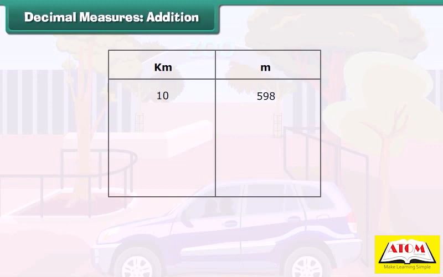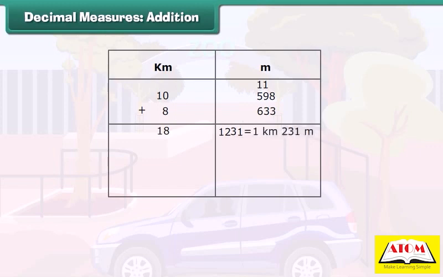Below 10, write 8, and below 598, write 633. Now add it. The sum of 598 meters and 633 meters is 1231 meters, which is equal to 1 kilometer and 231 meters.